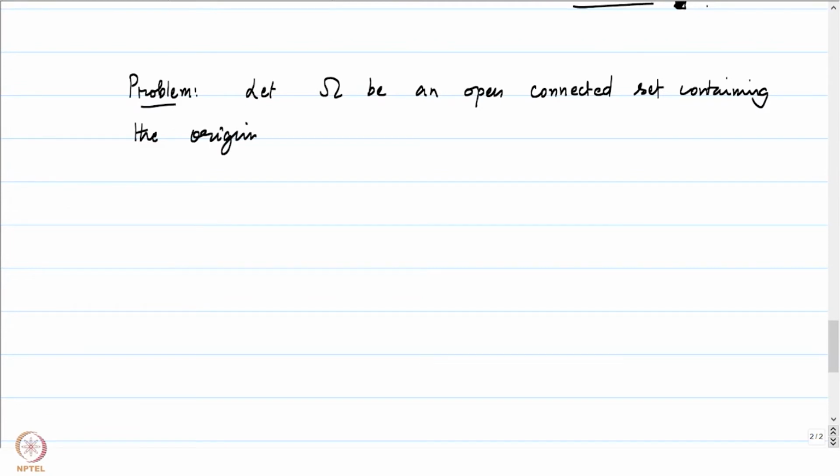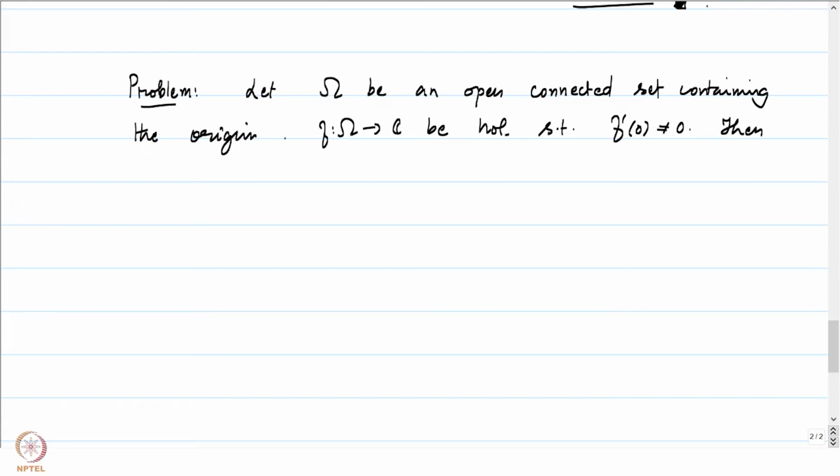And suppose f is a function holomorphic on omega such that f prime of 0 is not equal to 0. Suppose we know that the derivative at 0 is not vanishing.